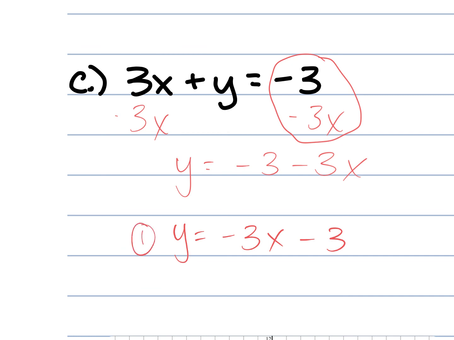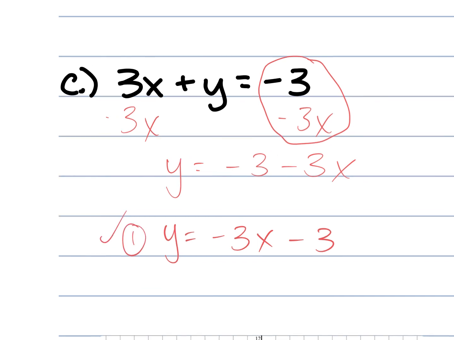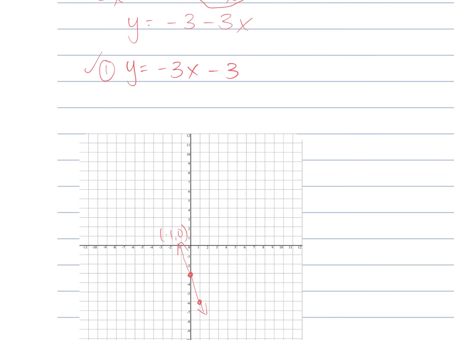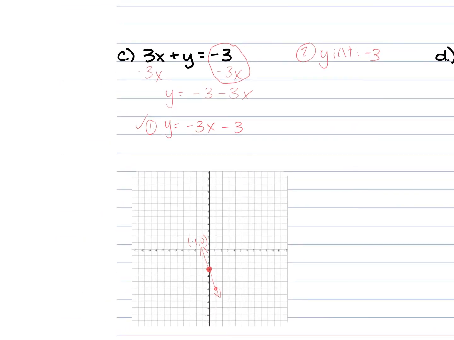Step number 1, okay? Step number 2. Find your y-intercept. What's my y-intercept? It's -3. So that means at -3, I should have a dot. And your slope should have been -3 or -3 over 1.